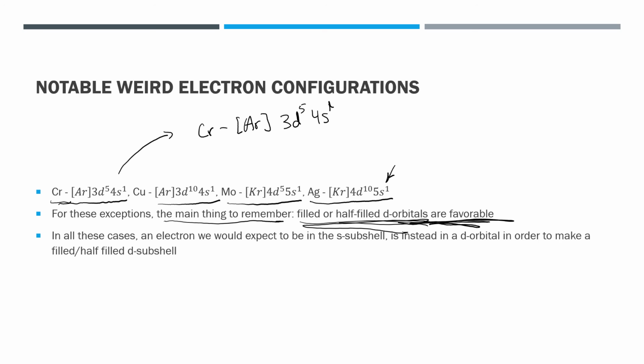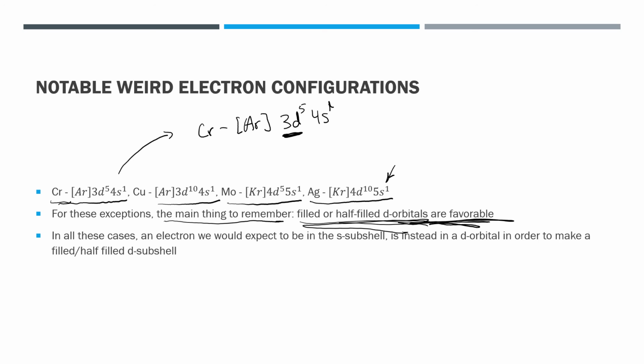This happens because of half-filled d orbitals, right? The d orbitals in total can have 10, but the half-filled d subshell is much stabler than having 4 electrons in the d orbitals. And this additional stability causes our electron configuration to be not what we automatically expect. And this same exact thing happens with copper, molybdenum, and silver. So all of these can be easily reasoned with this same logic.